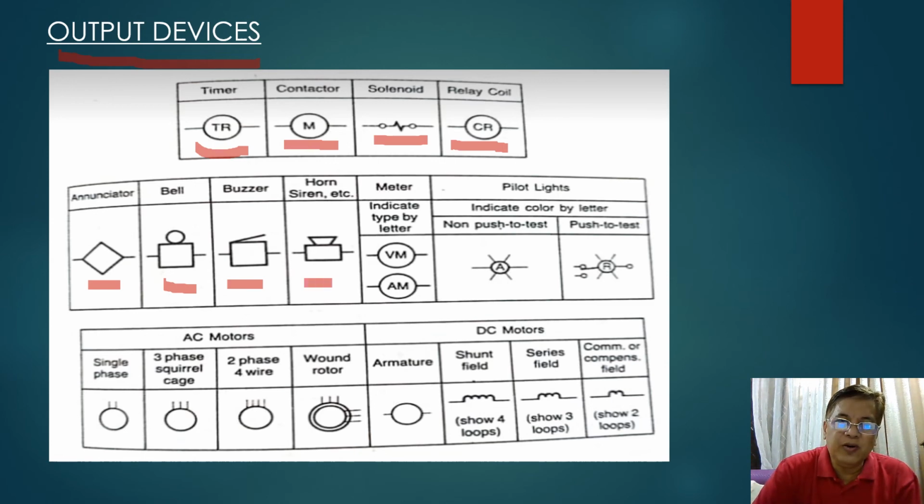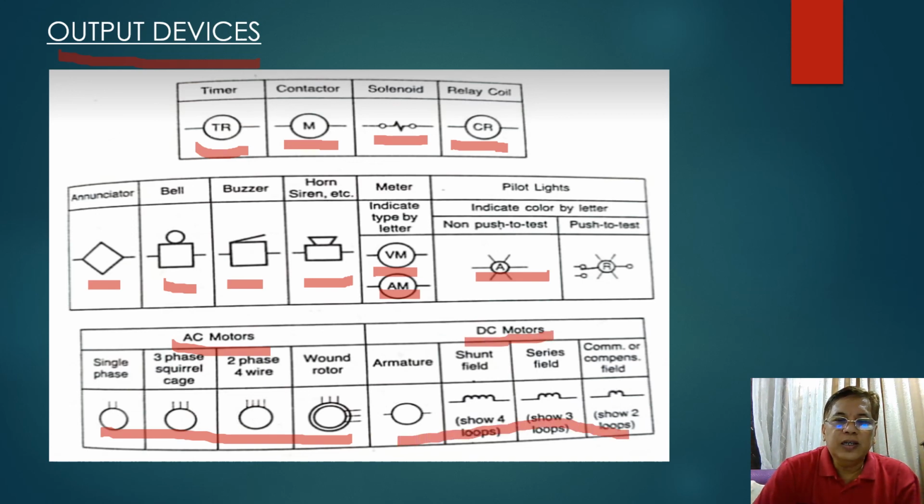Or we have the horn or the siren, for example, if you design an alarm system. Then we also have the meters, the voltmeter and the ammeter. Then you have the pilot lights. Then of course the different motor symbols. We have the AC motor symbol, this one here, and then we have the DC motors.